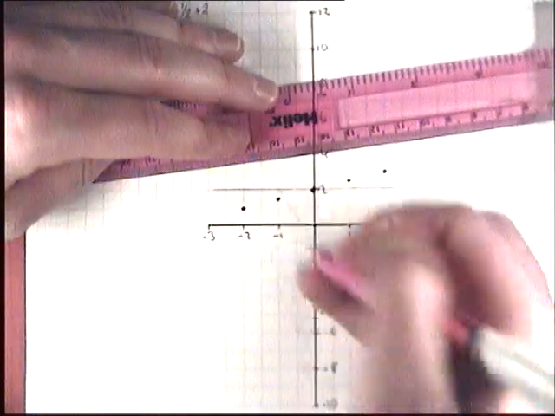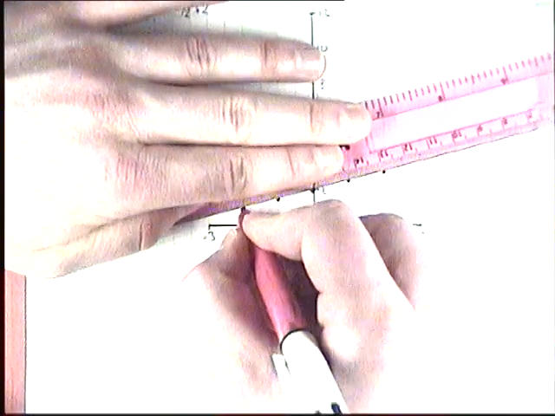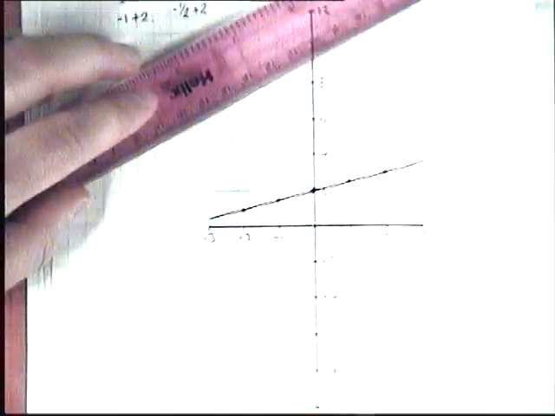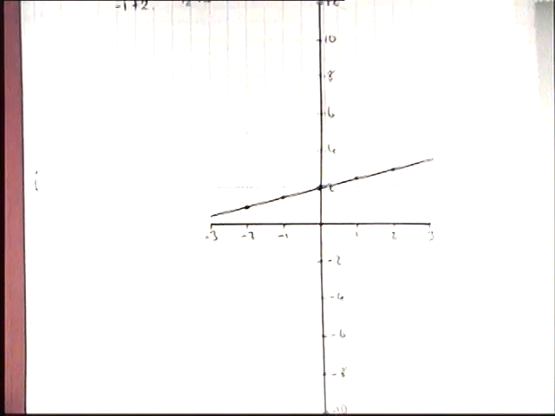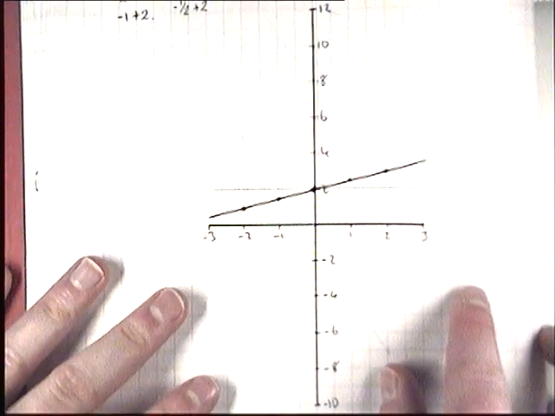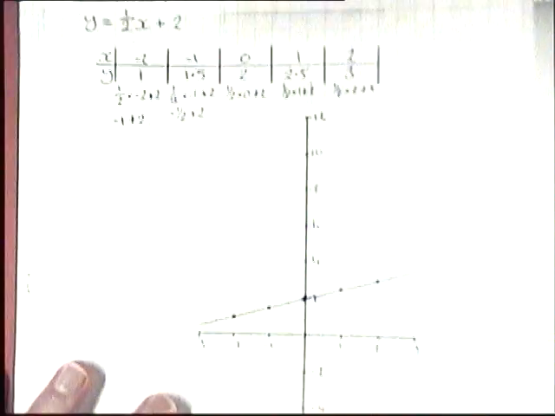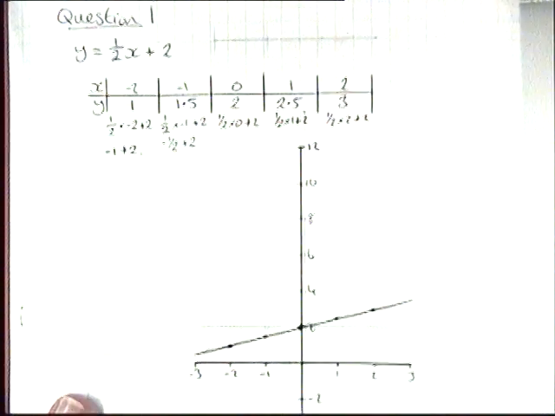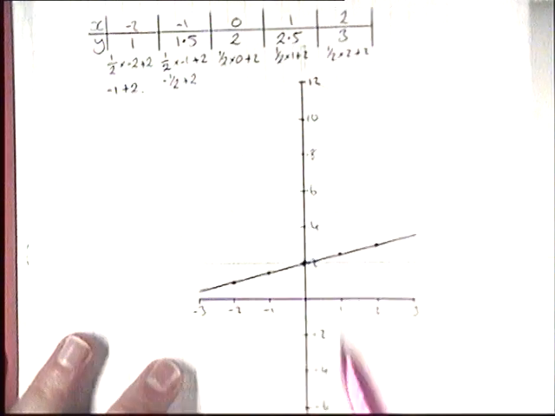And we can join those up with our nice straight line. Okay, so you may have drawn your axes slightly differently, but make sure you've got these values correct for your y values and that you've plotted them as accurately as you can on the axes that you have used.